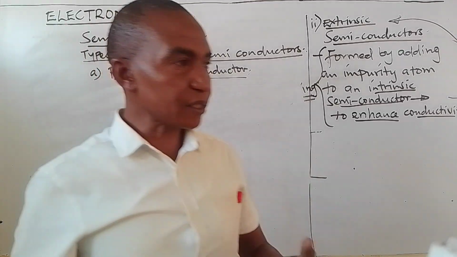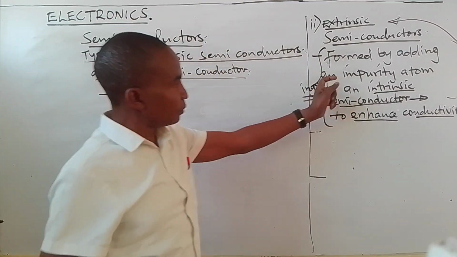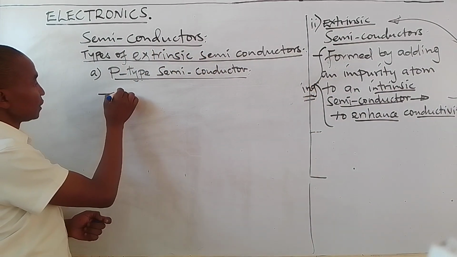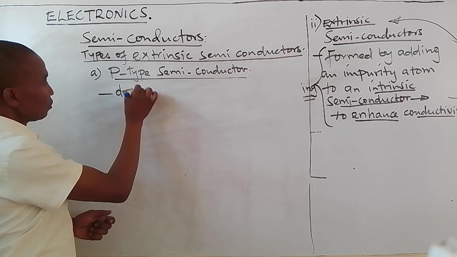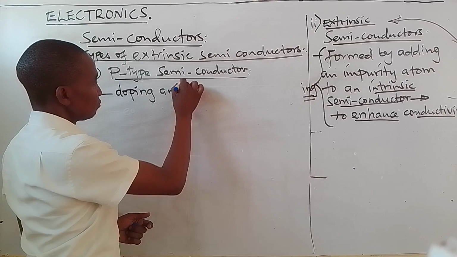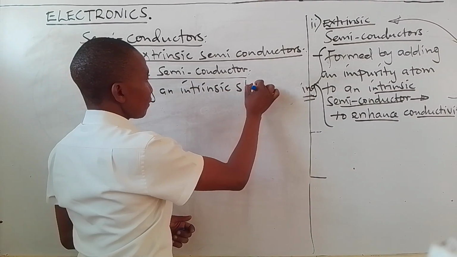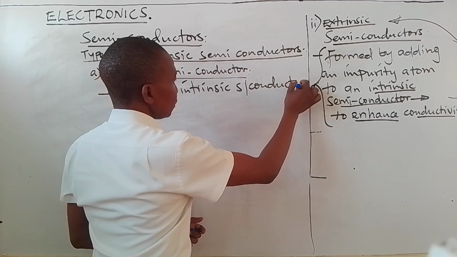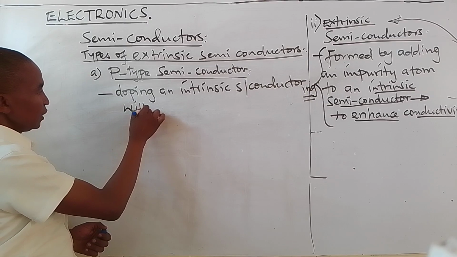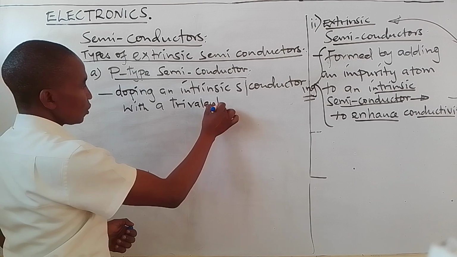A P-type semiconductor is obtained after we dope an intrinsic semiconductor with a trivalent atom.